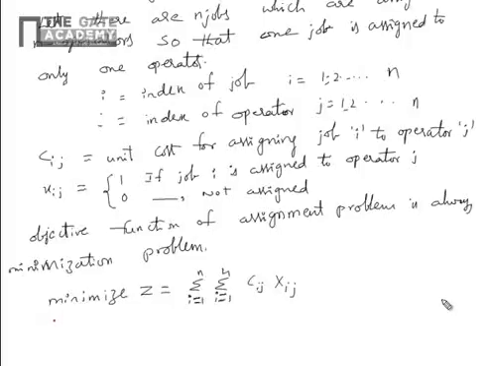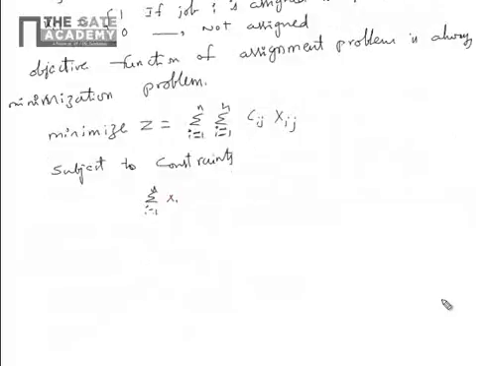Since only one job goes to one operator, we have to give the constraints. Subject to constraints: sigma i equal to 1 to n Xij equal to 1 for all j equal to 1 to n.